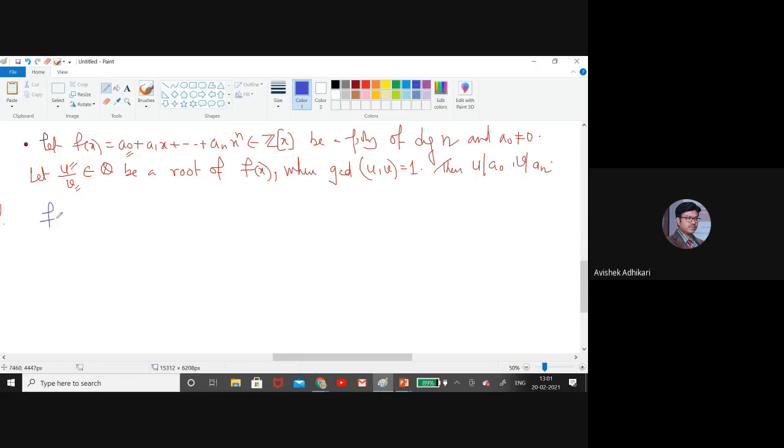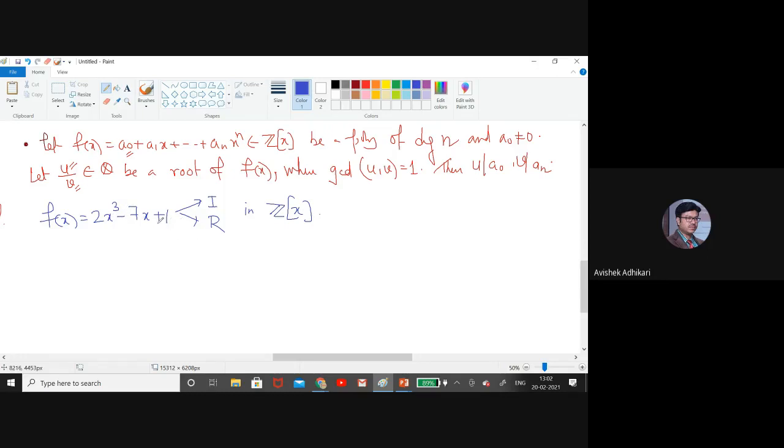For example, suppose I consider f(x) equal to 2x cube minus 7x plus 1, and I need to check whether this is irreducible or reducible in Z[x]. Okay, so one of the ways is to find whether it has any root or not. Since this is a 3-degree polynomial, you can very easily do that. But finding such a root may be difficult, but you can also use some of the techniques.